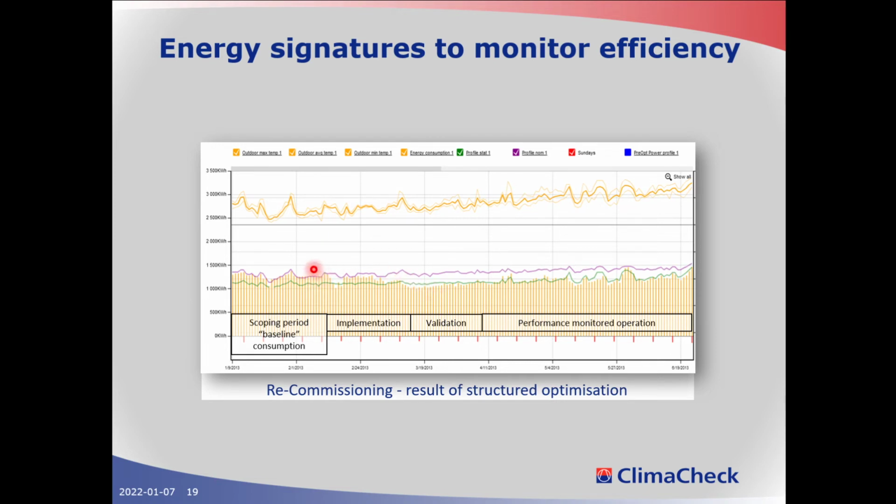So then you can see that this line here shows what this system was using at different ambient temperatures before this point. The green line here is showing what the system is using after this point forward. The difference here is the saving for this particular system.